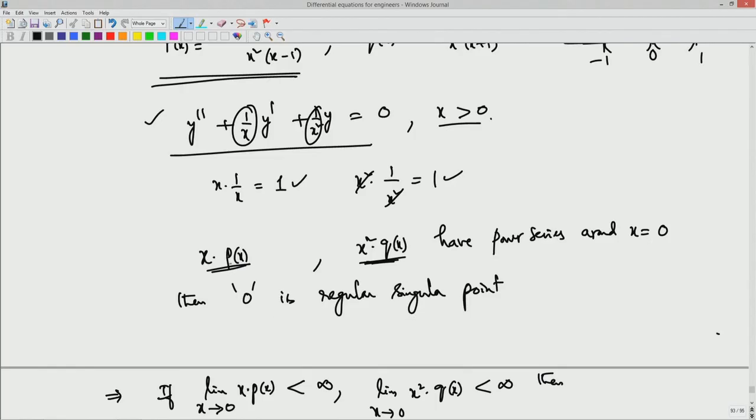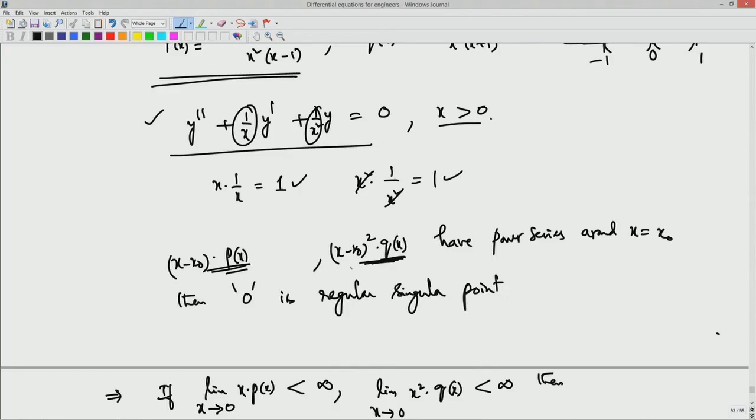If you want a power series around x equal to x naught, in general, you say that (x minus x naught) times p(x) and (x minus x naught) squared times q(x) have power series around x equal to x naught. That means p and q are allowed to have 1 by (x minus x naught) and 1 by (x minus x naught) squared, maximum singularities, not more than that.